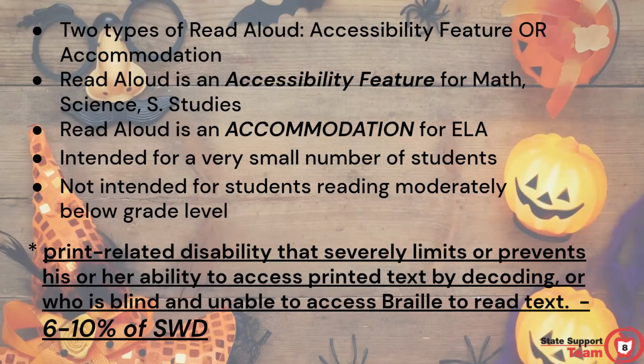And if you're significantly above that number, then that's a good indicator to you as a director that you need to take a look at the practices within your district, because you are very likely overusing read aloud and not using it in the way that it is intended. So hopefully that helps clear that up a little bit, and also gives you a little bit of a strategy to go back and see if this is an issue in your district.